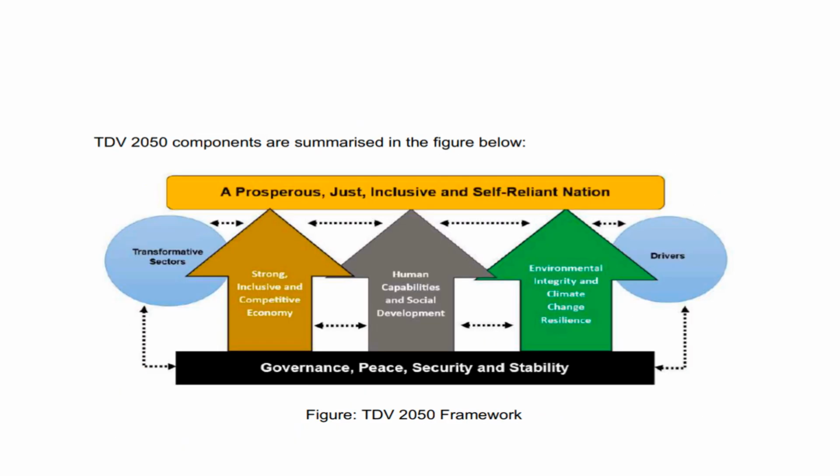So this is the Tanzania Development Vision 2050 framework. The main motto is a prosperous, just, inclusive, and self-resilient nation where we have good governance, peace, security, and stability, but it has pillars on a strong, inclusive, and competitive economy, human capabilities and social development, but also environmental integrity and climate change resilience.